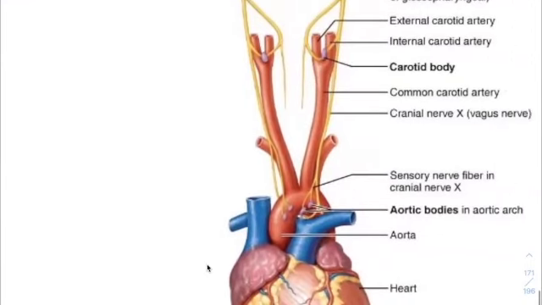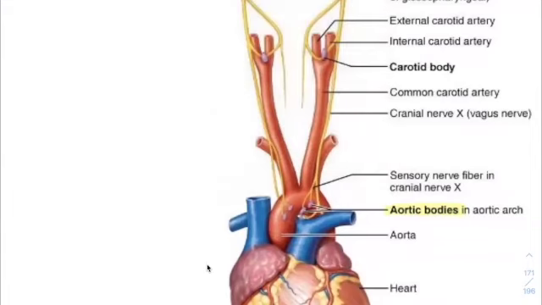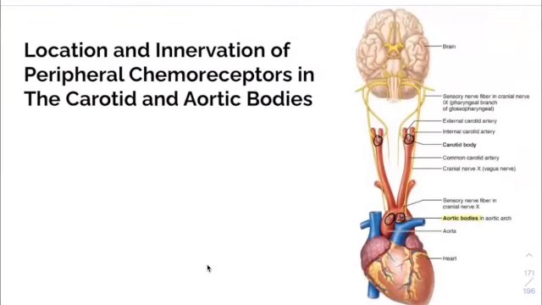You see these aortic bodies. They're here in purple. You also see them at the carotid body, where that carotid artery turns into an internal and external carotid artery. Those are monitoring the oxygen levels in our blood.